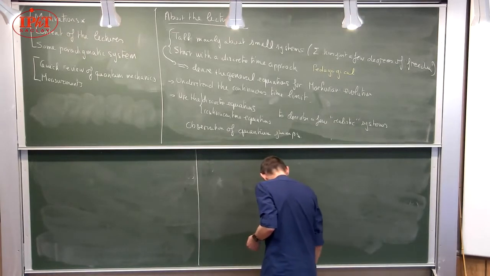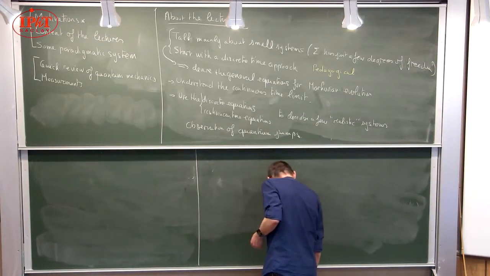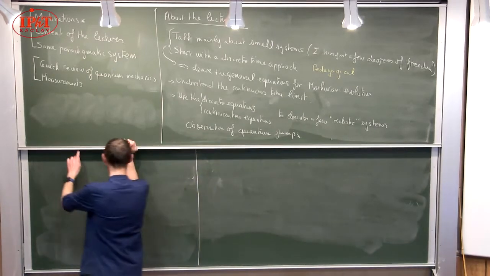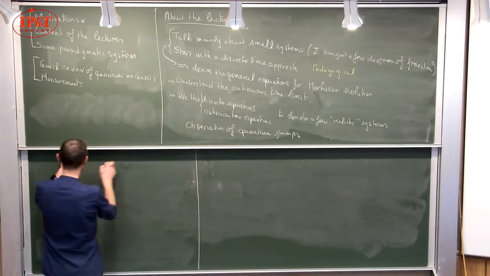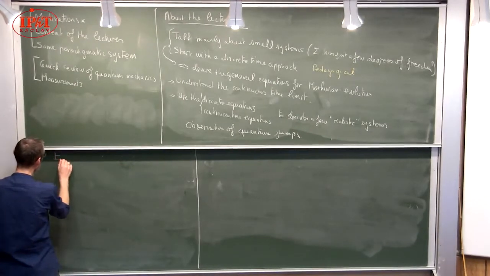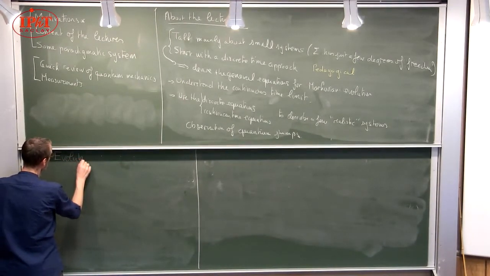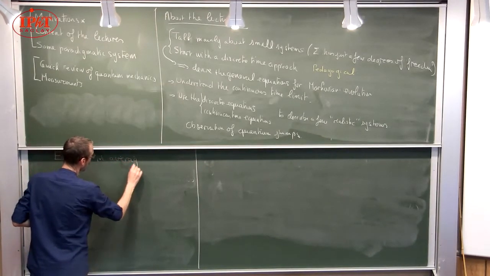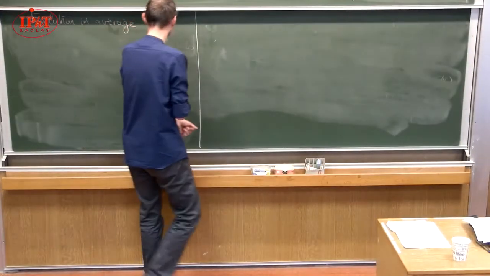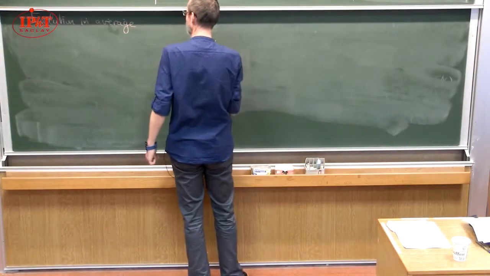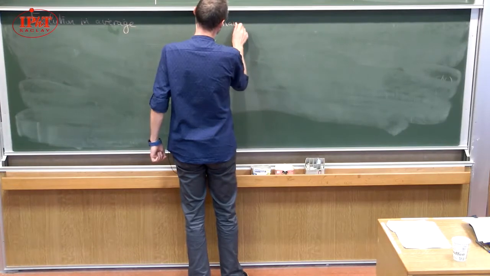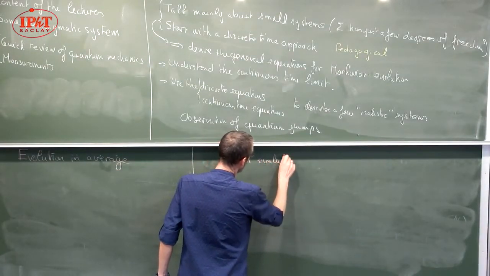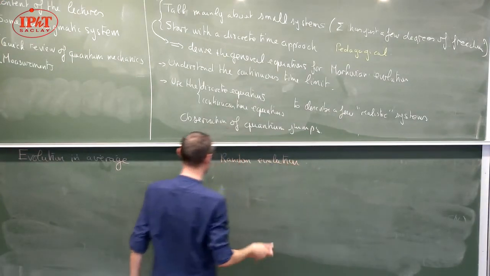So there will basically be two facets, let's say: one for evolution in average, and then one for random evolution.